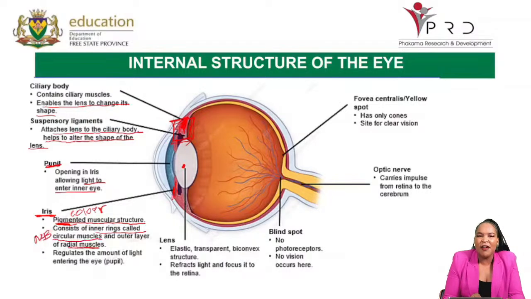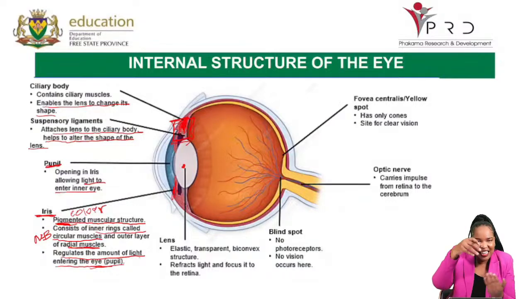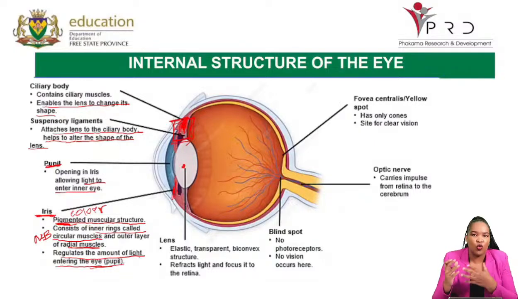Then, what is the function of the iris? The iris function is to regulate the amount of light entering the eye. Here, we don't say that the iris is going to just allow light to pass through, but it is going to allow a certain amount of light. It will depend whether it's too much light or less light. The iris is going to determine that by contracting or relaxing its muscles. Then it will control how much light needs to go into the eye.